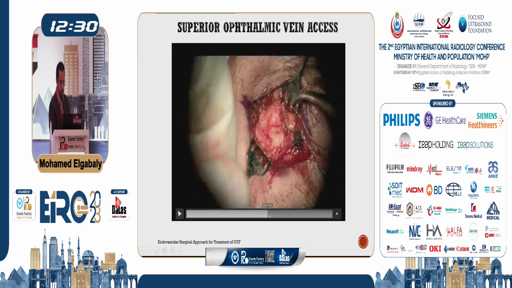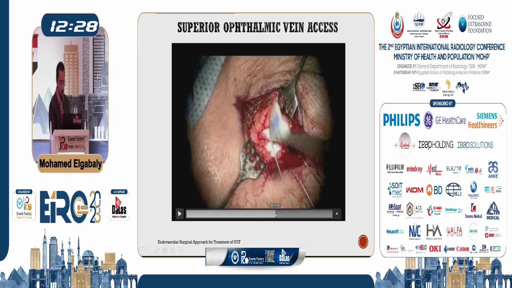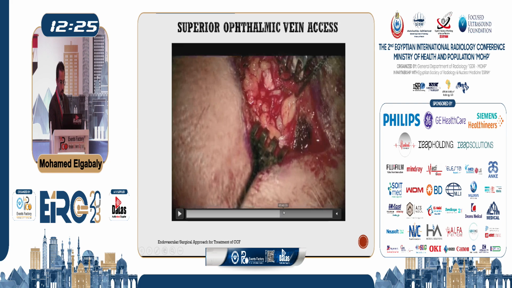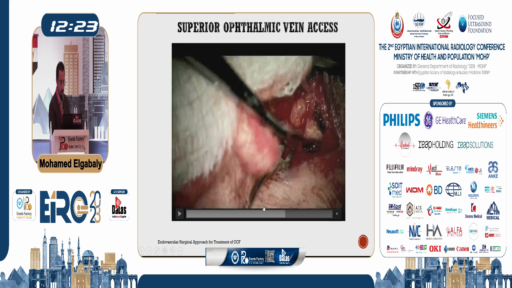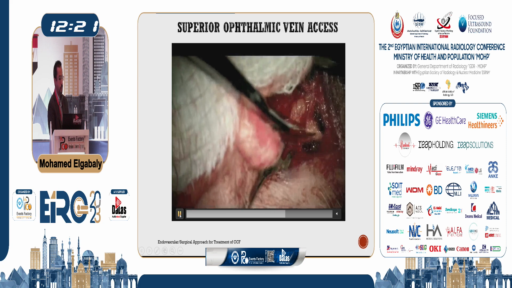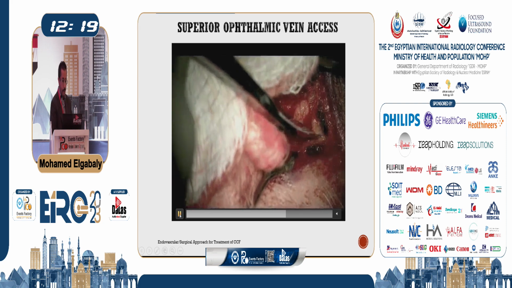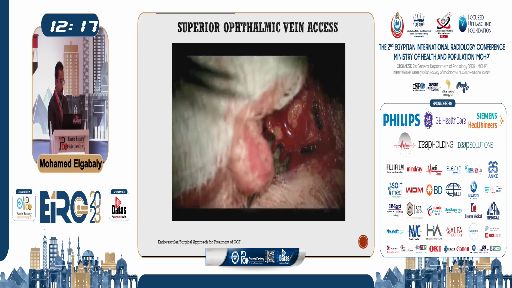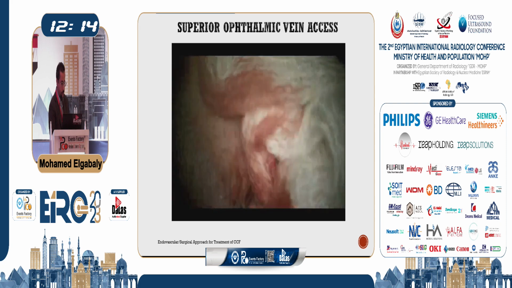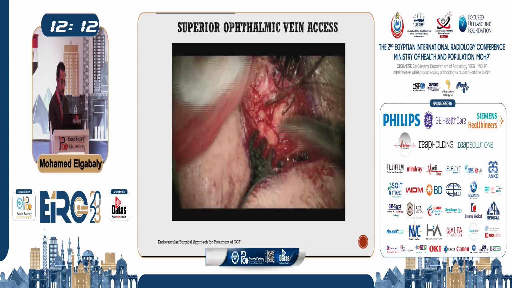The dissection continues, getting close. There the vein is identified, and you will notice that the vein is highly pressurized, and the ophthalmologists were a little scared when they tried to access it.